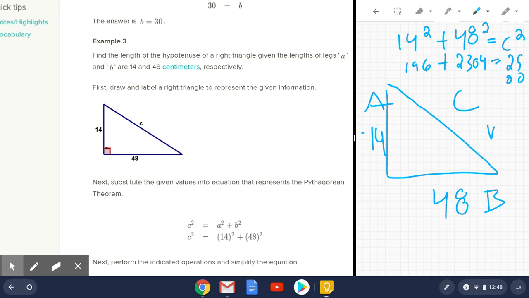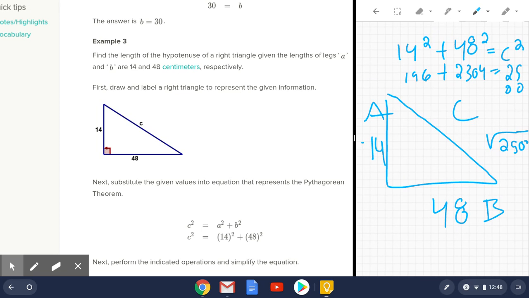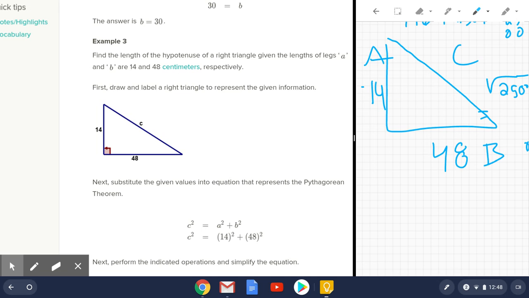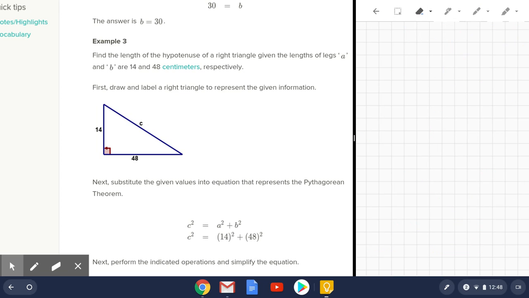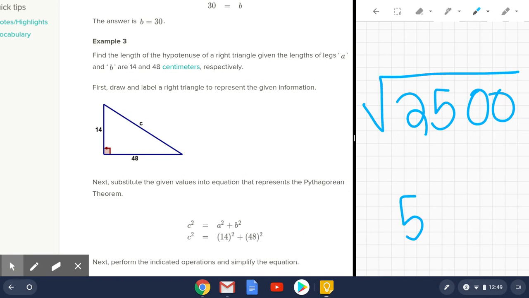So the square root of 2,500, we bring back the 0. Square root of 2,500 would be 50.